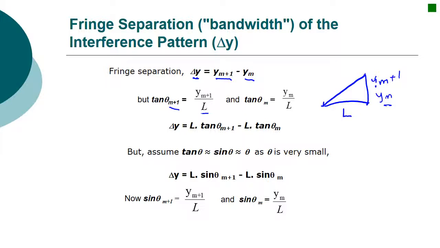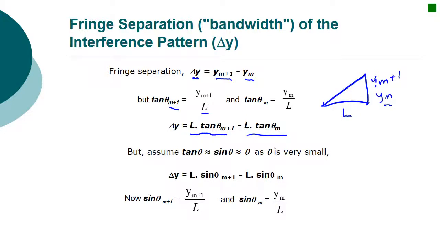So if we're trying to work out delta y, we can rearrange that to get rid of the denominator and make it L times tan theta of m plus 1, take away L times tan theta of just m. Now one of the things that we need to apply here is common sense.